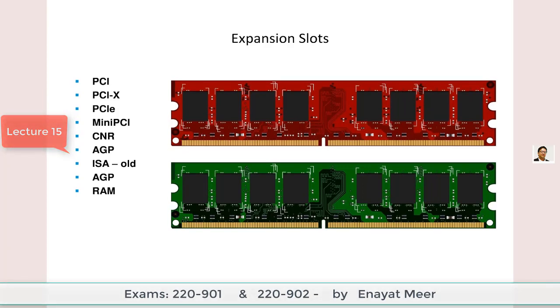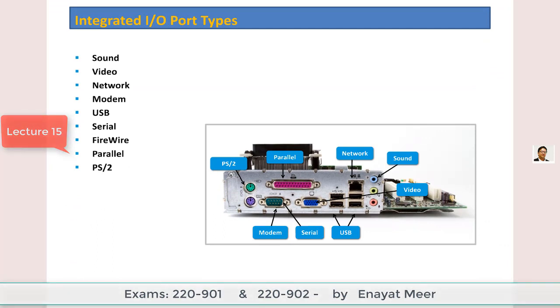We will discuss in details about the memory, integrated input output port types, and the screenshot of the back of a motherboard where you can see a keyboard and mouse port. Then you see a printer port.